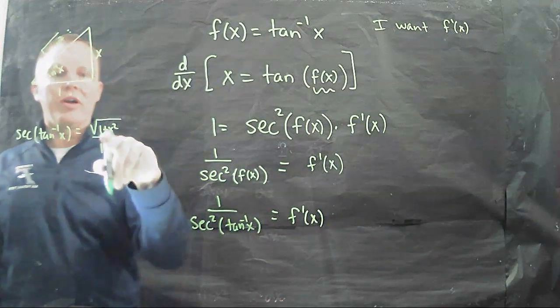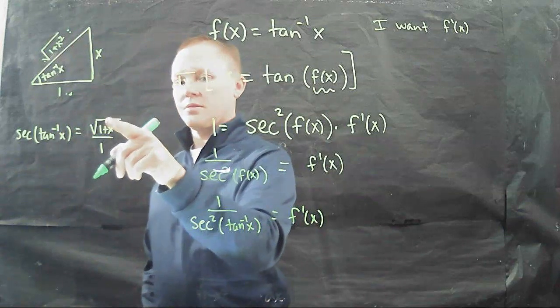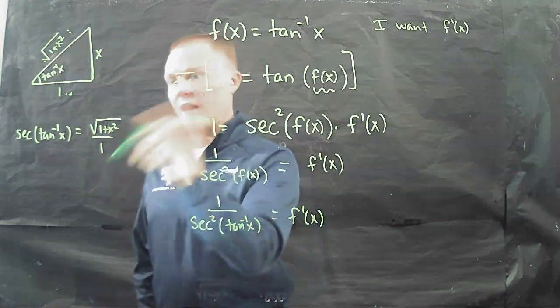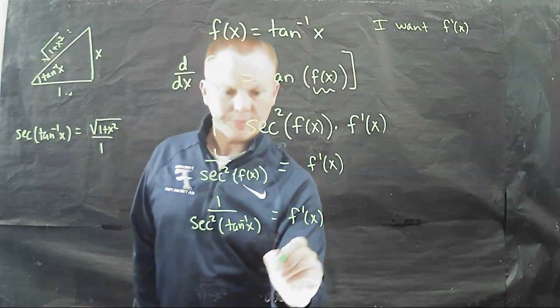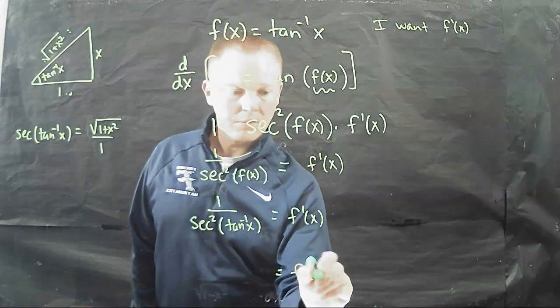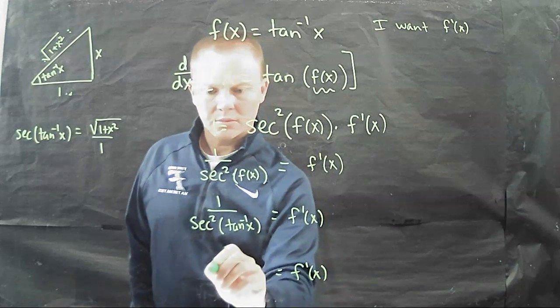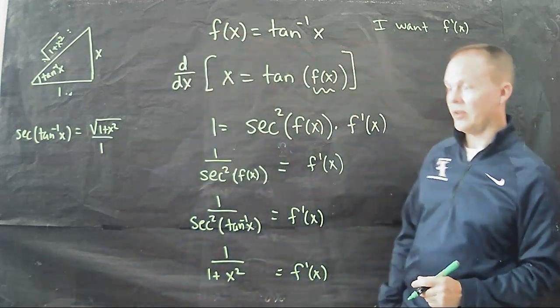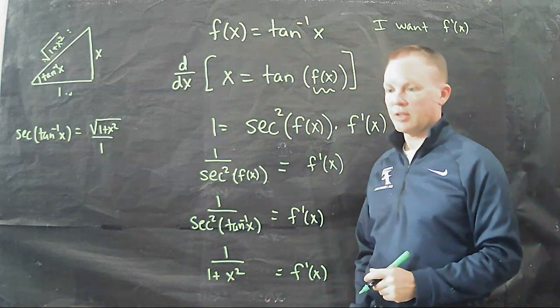So the secant squared is just going to be the radical just squared, so 1 plus x squared, right? And there's the derivative of the inverse tangent of x, okay?